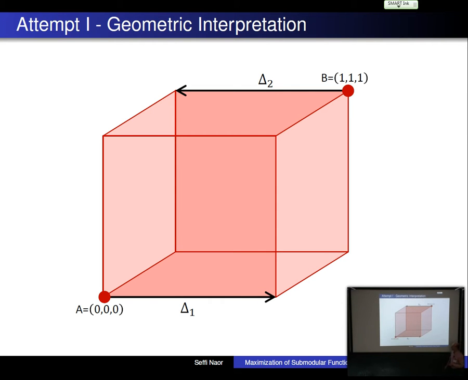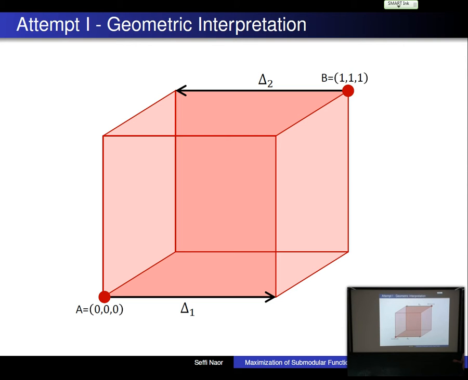If I decide to change A's coordinate from a 0 to a 1, that will change the value of my function by delta 1. And similarly, if I want to change the first coordinate of B from 1 to 0, that would change the value of my function by delta 2.